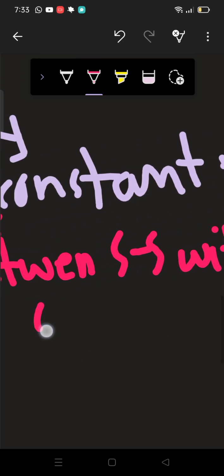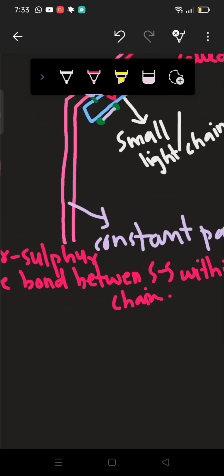The same chain will have sulfur and there would be a bond between them. Those are known as sulfur-sulfur loops.